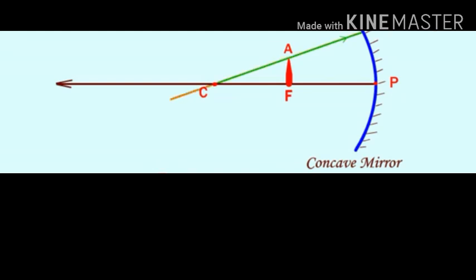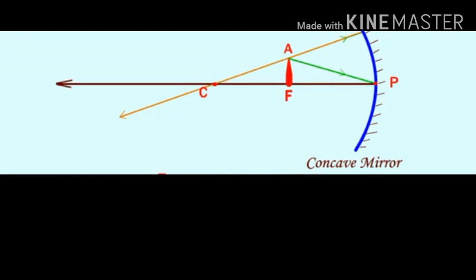Here you can see that these two reflected light rays are moving parallel to each other. They are not intersecting anywhere. So there is a possibility of intersection at infinity only. If we extend these reflected light rays, there is a possibility of intersection at infinity.